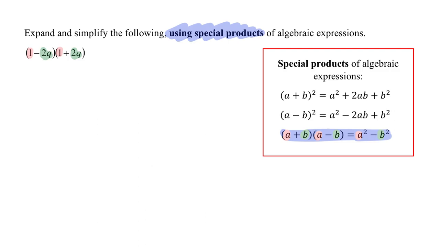So straight away when you apply the formula, this will become 1 square minus 2q square. After which, just simplify. 1 square is 1 times 1, 1. 2q square is 2 times 2, 4q times q, q square, and we are done.